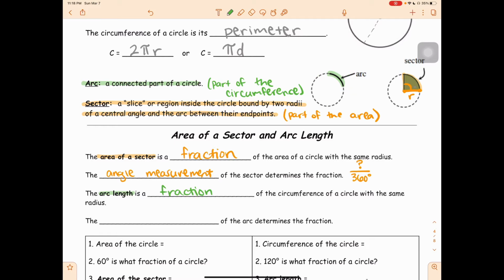Once again, it's going to be the angle measurement of the arc that determines the fraction. So usually a problem will either tell you the angle here, some x degrees, or it's going to have a sector drawn here, and whatever this equals, let's say x degrees, it's going to equal the same degrees as the outside.